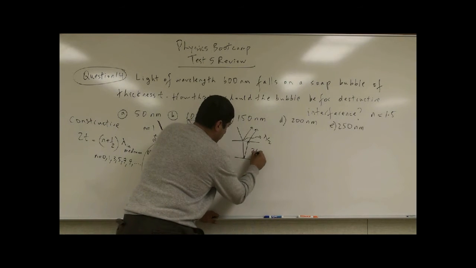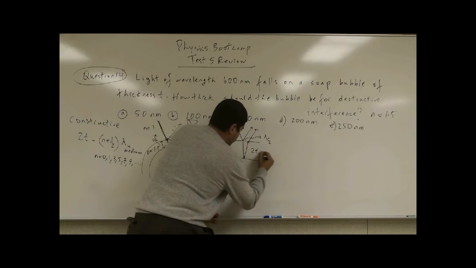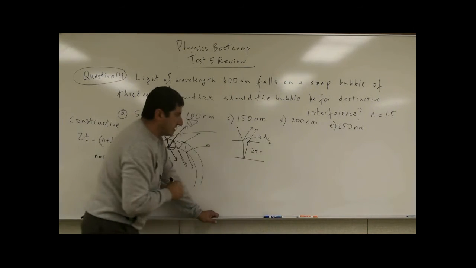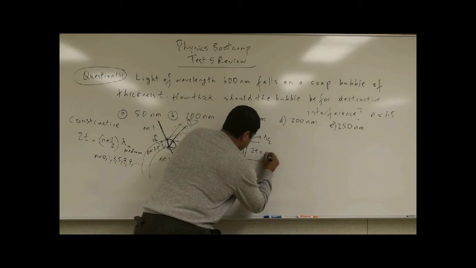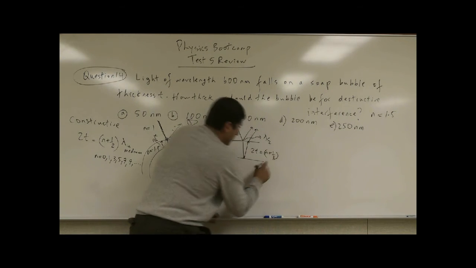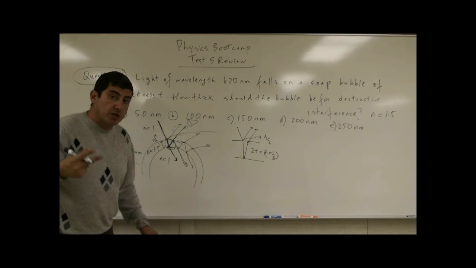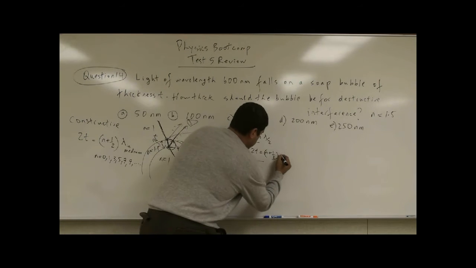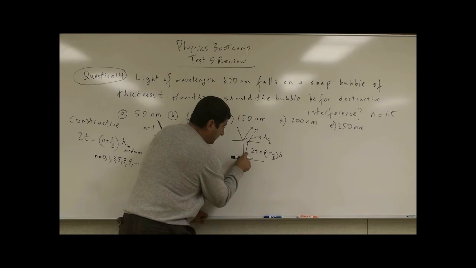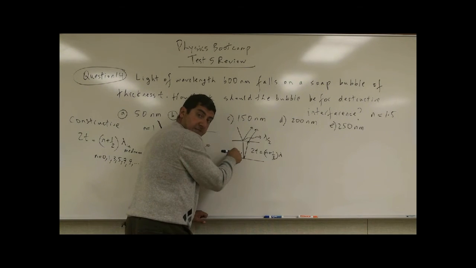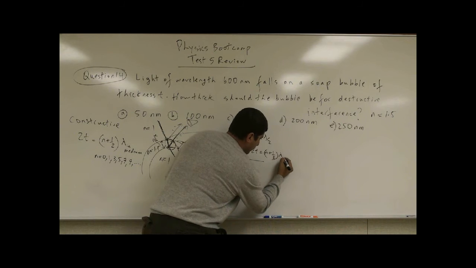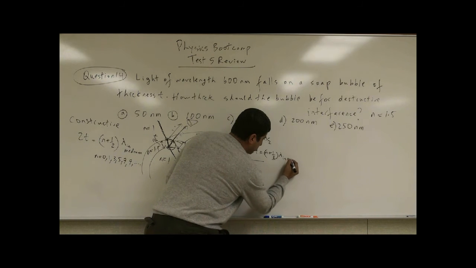This extra distance is 2t. If this extra distance is n plus half a multiple of the wavelength of the light wave in this medium, the wavelength of the light wave in the medium.